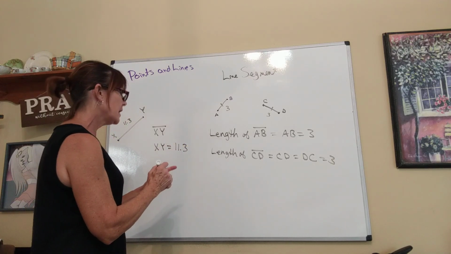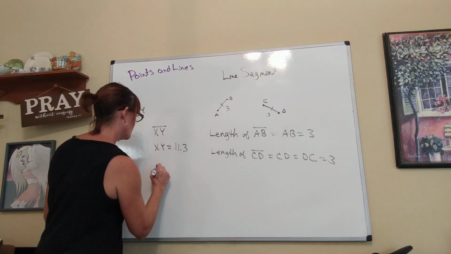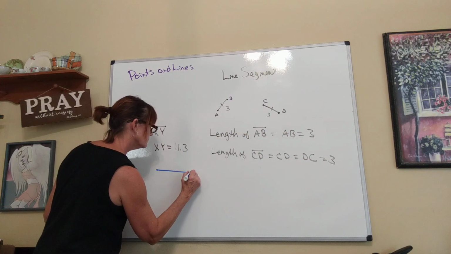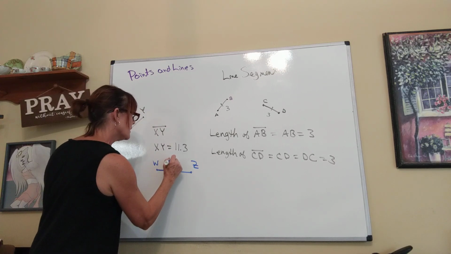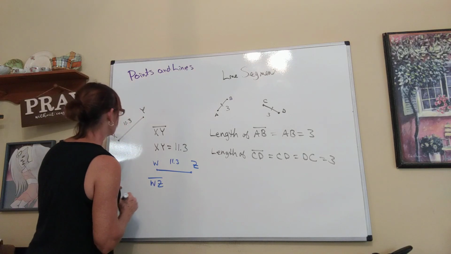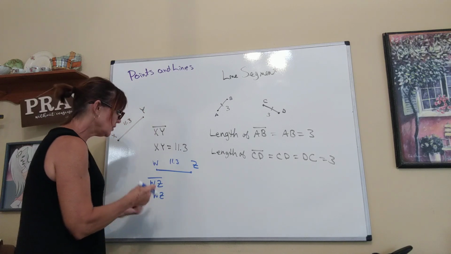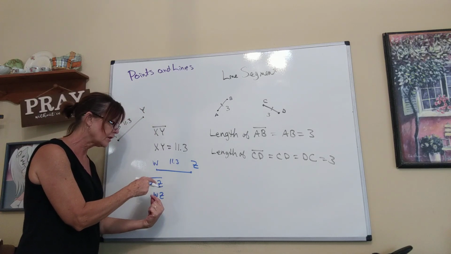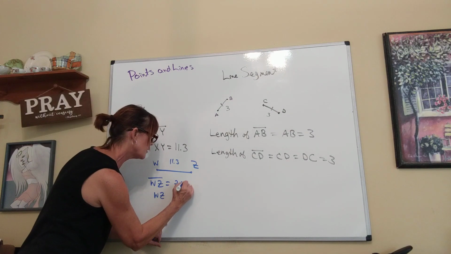Let's say over here there's some other line segment called WZ, and we measure it, and it turns out to be 11.3. Here's our line segment WZ, and again, you could reverse this, it could be ZW.